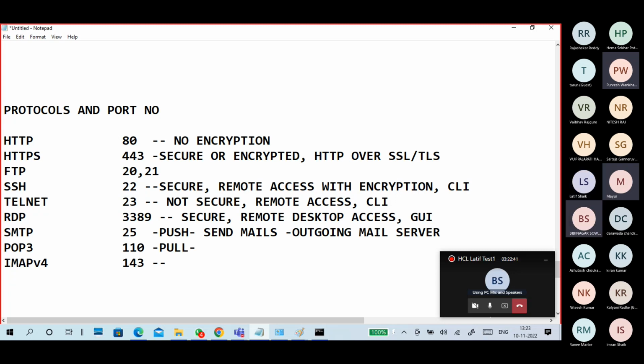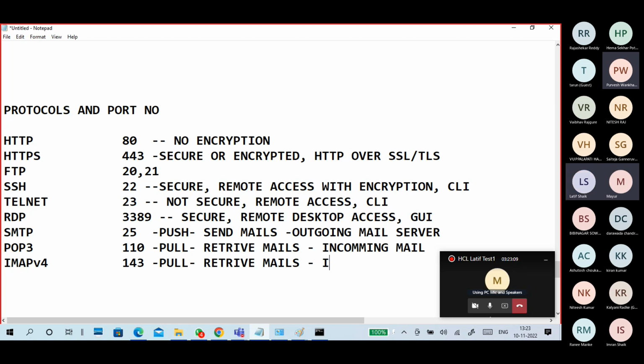This is pull. POP3 is for retrieving the mails. These are incoming mails, the incoming mail server address.